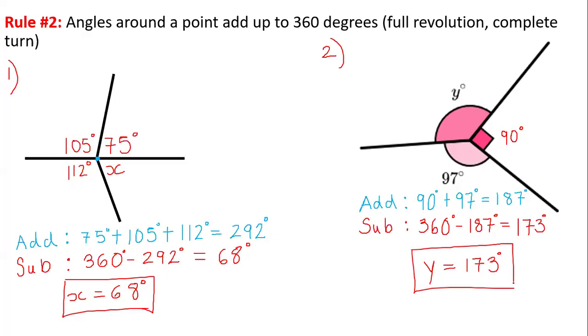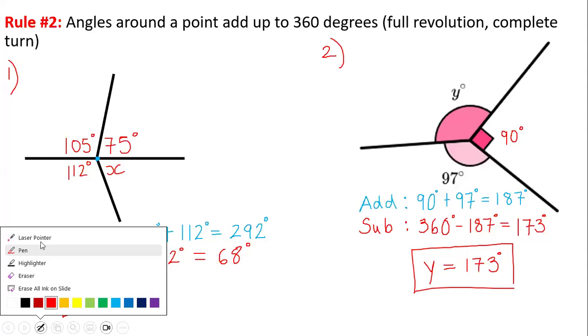Okay. Good. All right. Malaya Delaveau, where's Malaya Delaveau? I'm here. Can you explain how we got y is equal to 173?